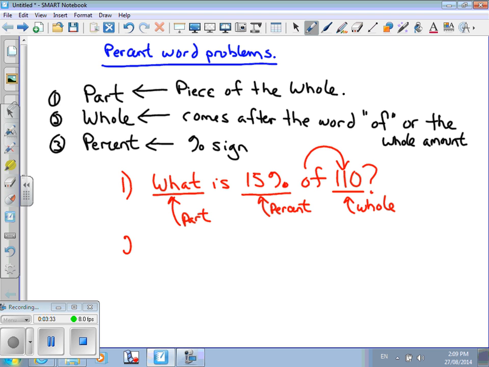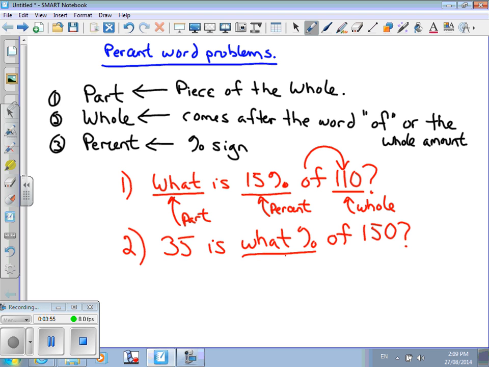Let's do one more. 35 is what percent of 150? Again, let's start with what's easy. The thing that's coming with the percentage sign is the word what. That must be what we're looking for.